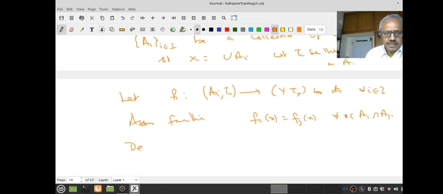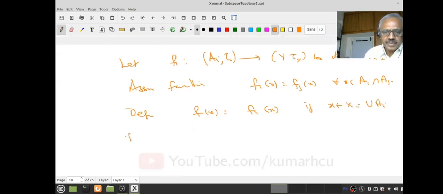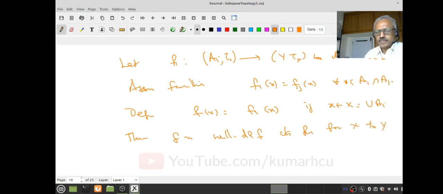Then define f(x) equal to f_i(x) if x belongs to X, which is the union of the A_i. Then f is a well defined continuous function from X to Y. This is all we have proved.